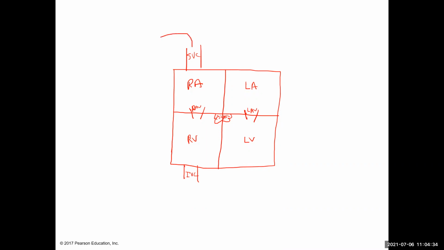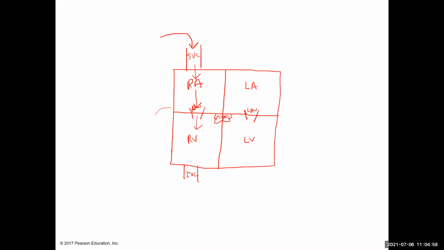So it comes in through the superior into the right atrium, through the right AV valve, into the right ventricle.